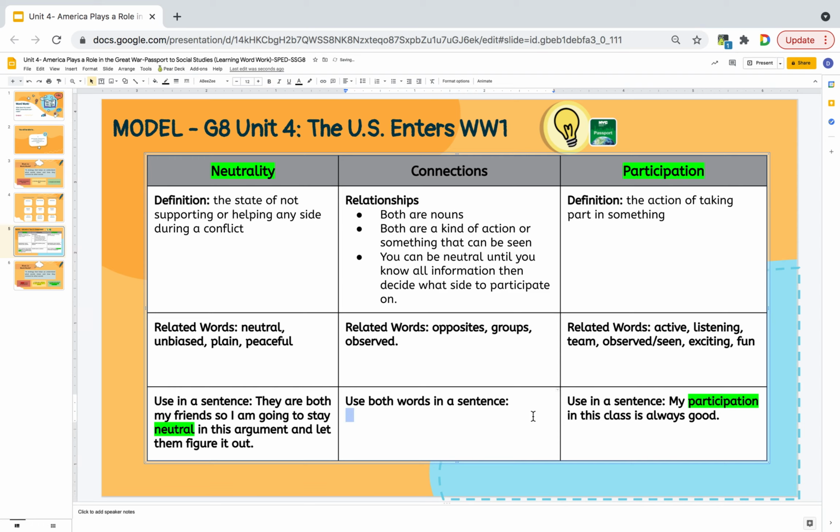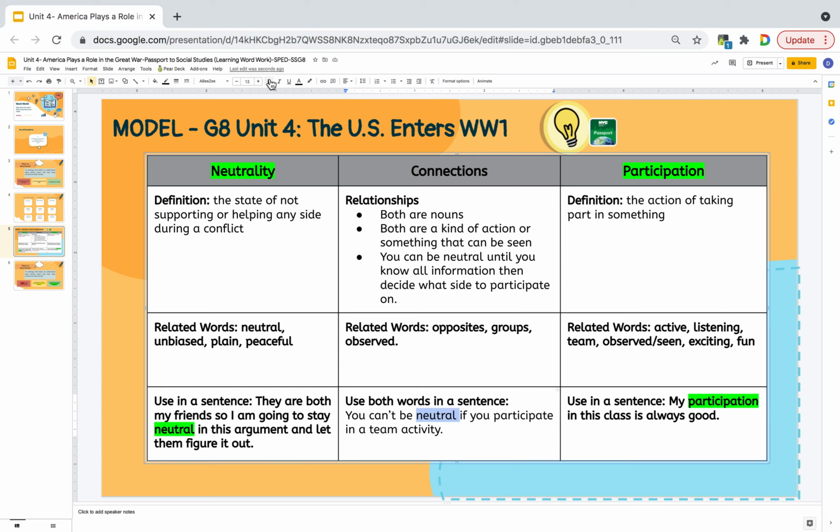And then I'm going to use both words in a sentence. You can't be neutral if you participate in a team. You can't be neutral if you participate in a team activity.